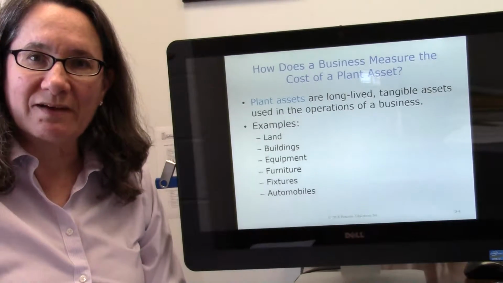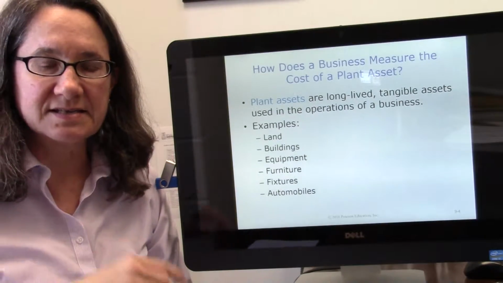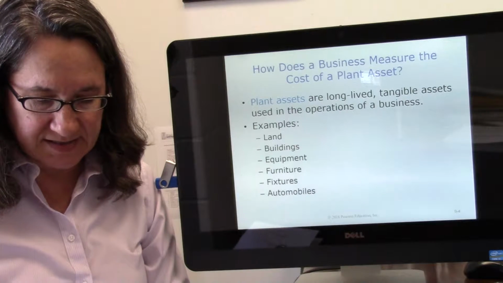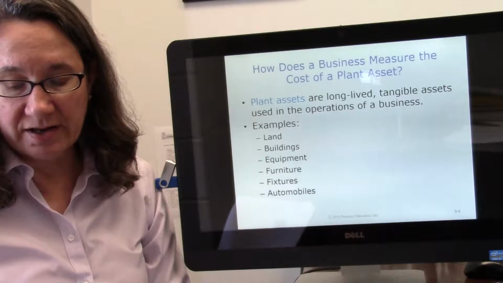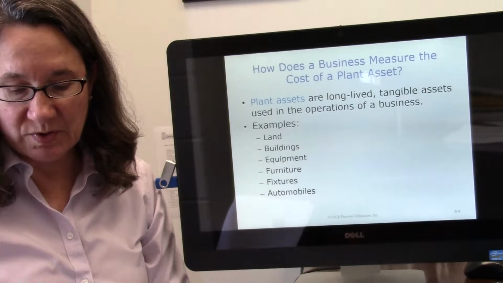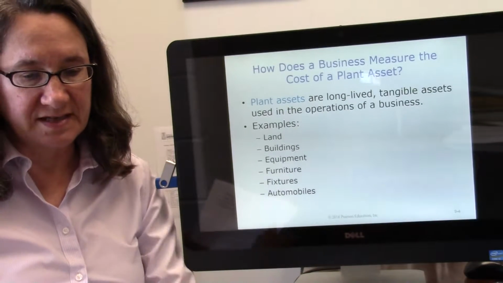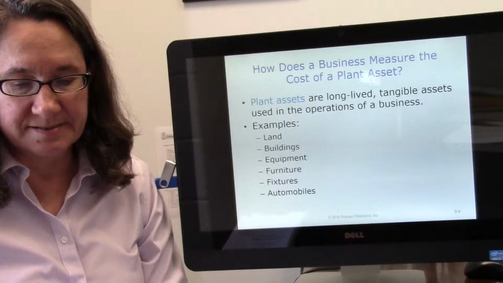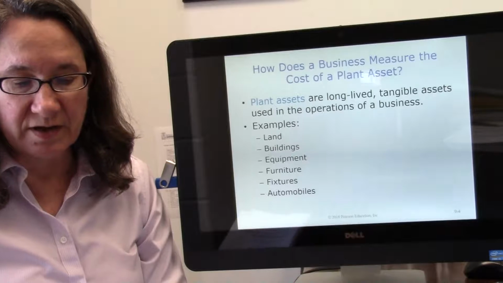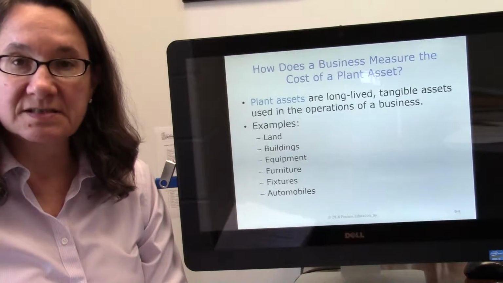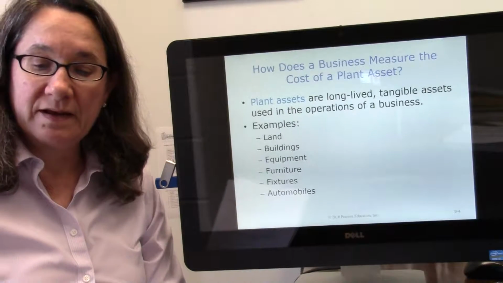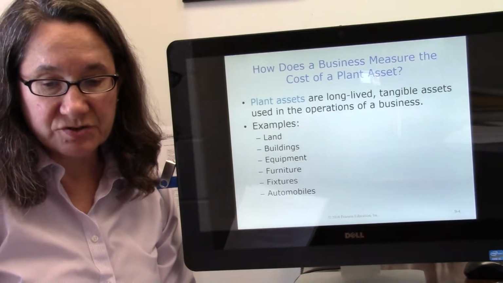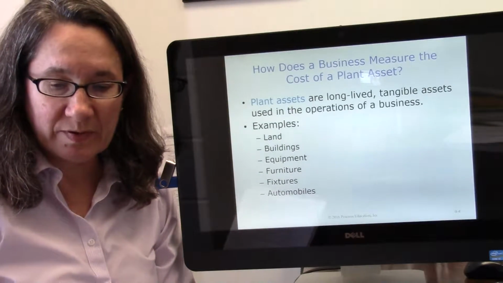So as you'll remember, we have our current assets and our plant assets. So we're on to plant assets. Plant assets are long-lived, tangible assets used in the operation of the business. These assets include land, buildings, equipment, furniture, fixtures, and automobiles.